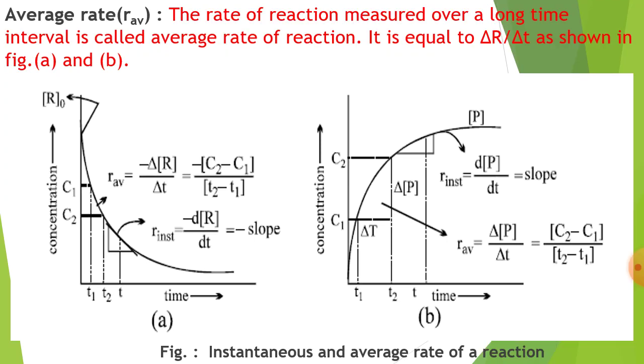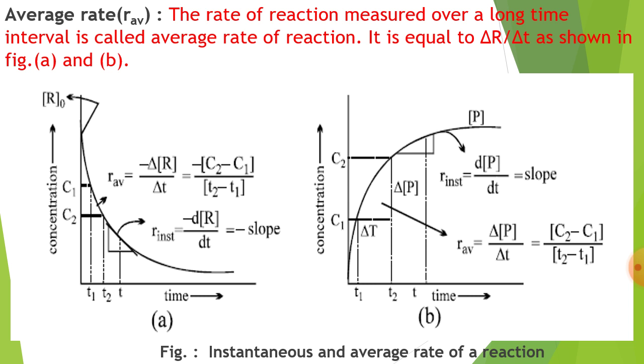Now here two graphs are shown. Graph A indicates the decrease in concentration of reactant, and graph B indicates the increase in concentration of product.